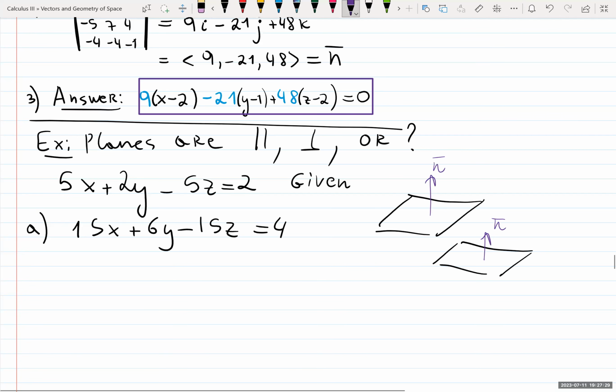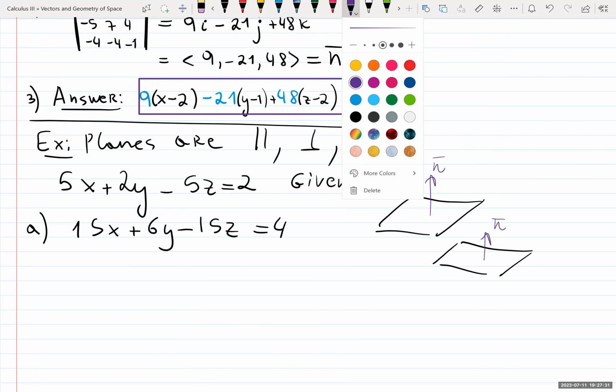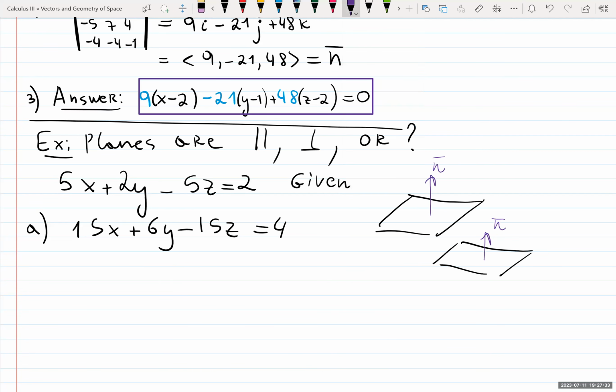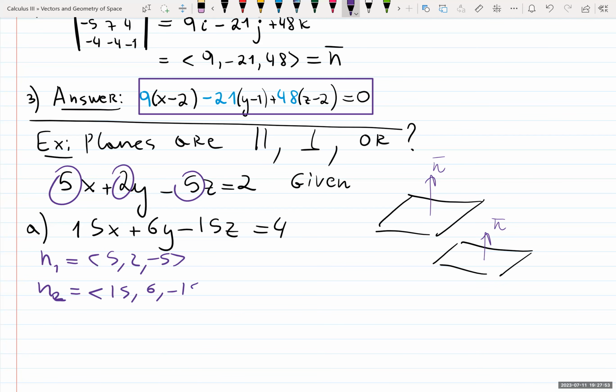They are scalar multiples of each other. So let's check. N1, the given one, is 5, 2, minus 5. And N2 is 15, 6, minus 15.